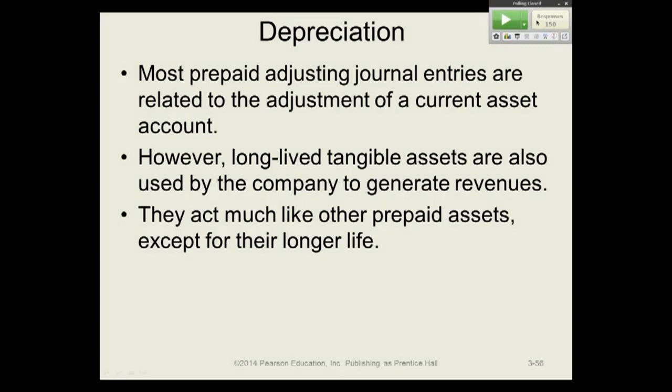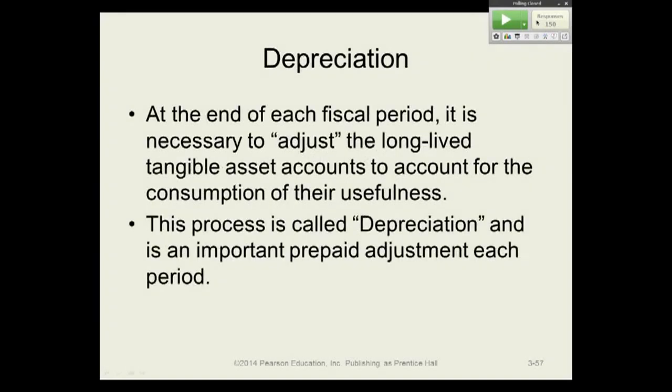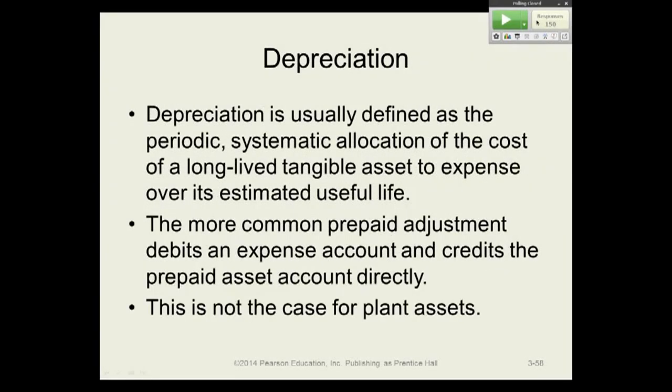When we made the adjustment a few minutes ago, we debited an expense and credited the asset directly. We're not going to credit the asset directly here. We're going to credit the account called accumulated depreciation. So let me get there.